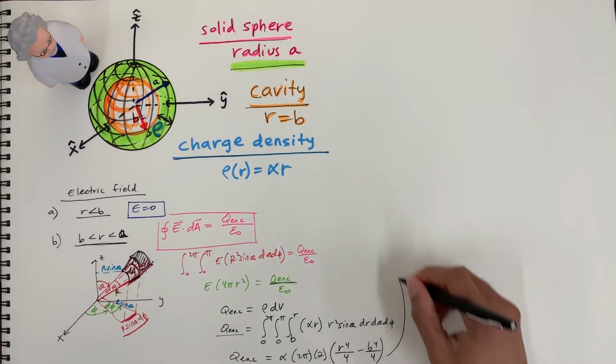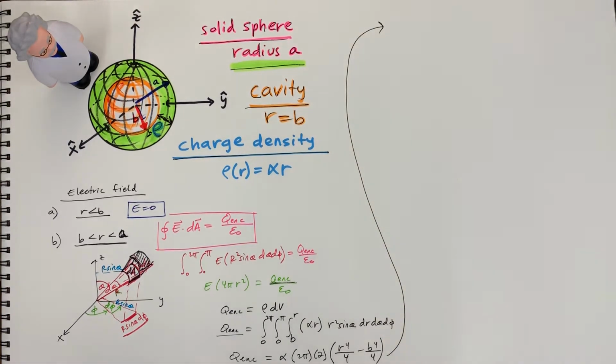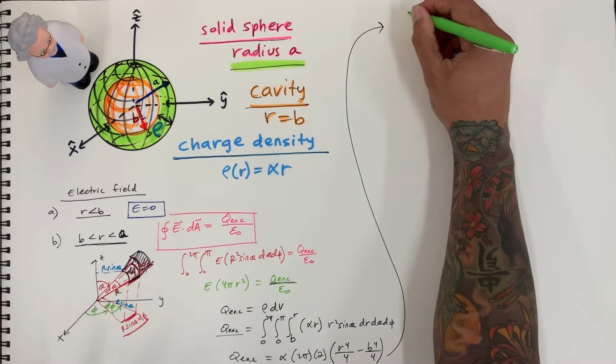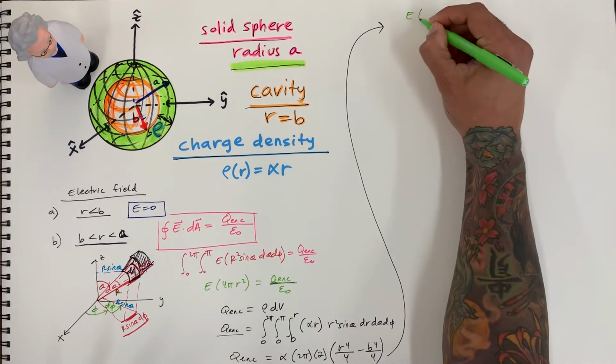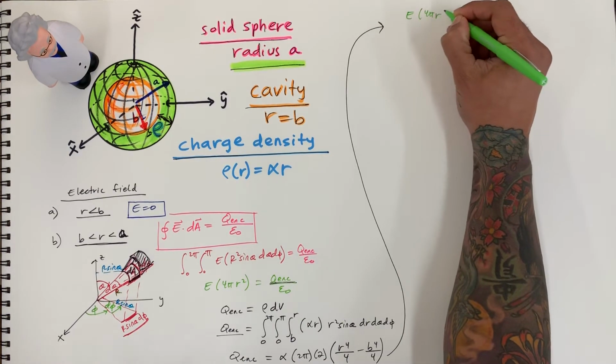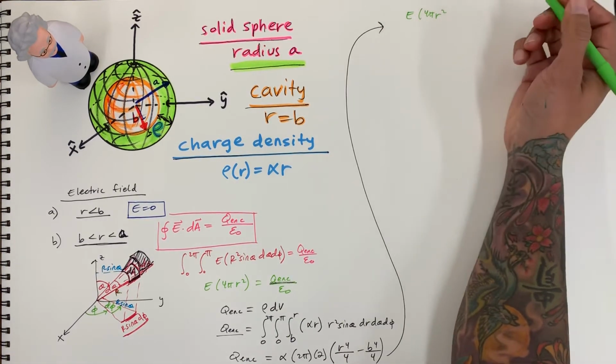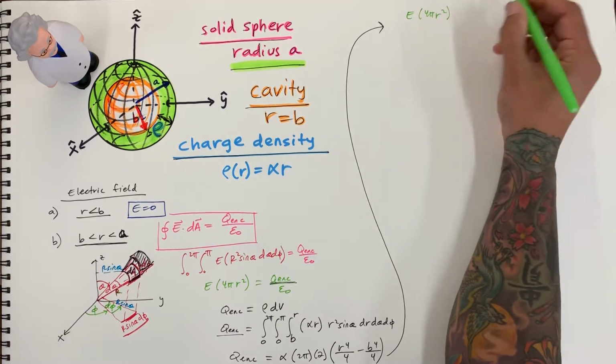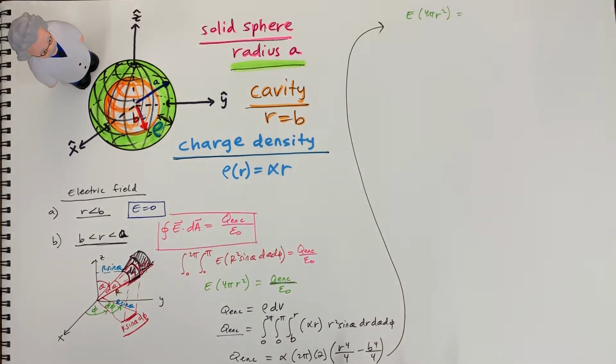I'm gonna write this starting up here now, and I'm gonna include the electric field again. So on the left side is the electric field, 4 pi r squared. And on the right side, now we have this entire expression here, but if we take out this 4, that'll cancel out with this 2 and this 2, which make another 4.